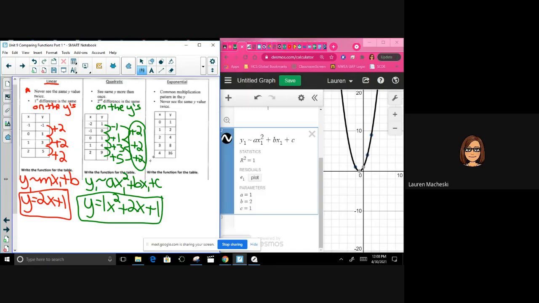All right, so what do you think I'm multiplying by every time on my y? By 2? All right, so if it's a multiplication pattern for your y, then it's going to be exponential. So that goes in the calculator like this. That goes in as y1 squiggly a times b to the x1.